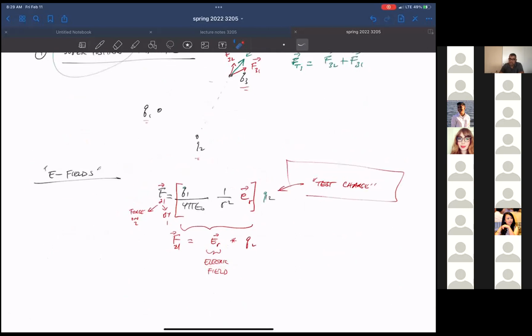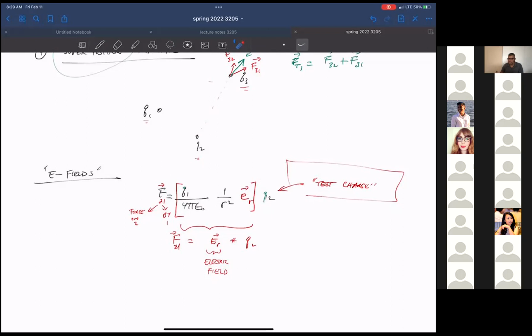It's convenient to have this concept of electric field being associated with a charge that's causing it. And then we can do if-then analysis about what other charges would do as they're interacting with this electric field.